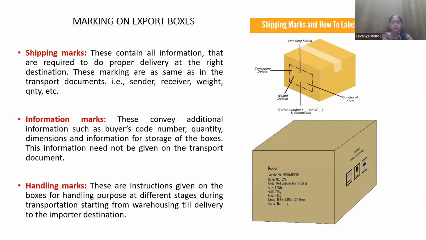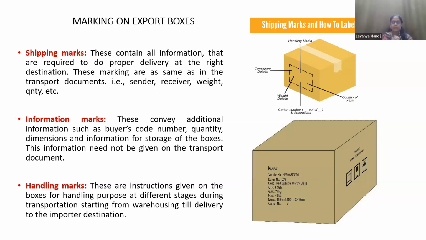There may be a few codes, because if a buyer code is printed on the shipping mark, once it reaches the buyer's destination port, not the buyer's warehouse or company, the port authorities, by seeing that buyer's code, will get to know that this is for the specific buyer.